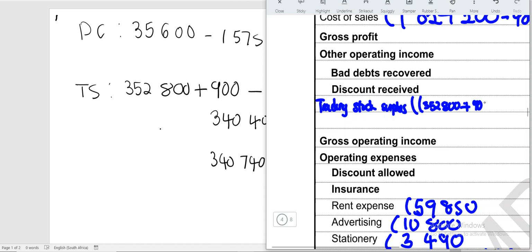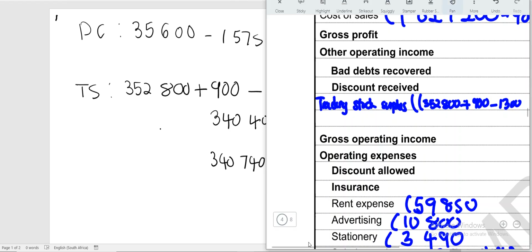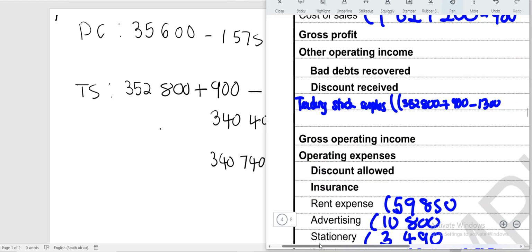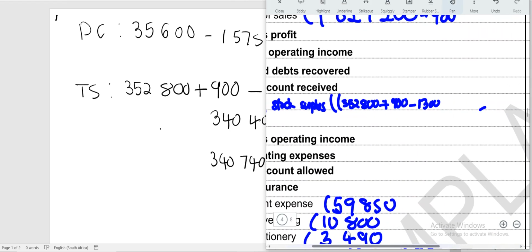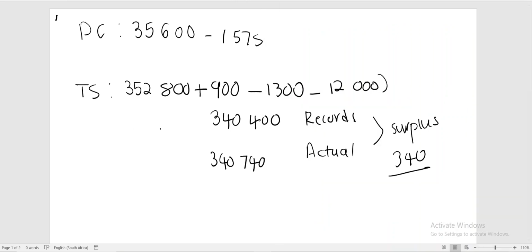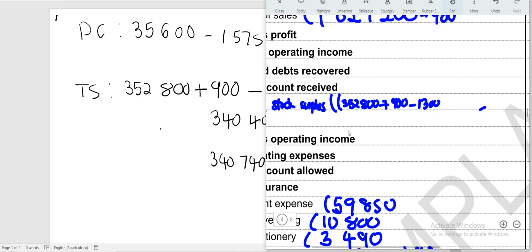We subtracted 1,300, and then if you remember from here, we then subtracted 12,000, and then from there we subtracted 340,740.